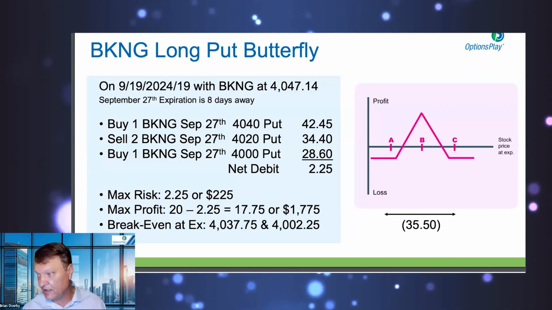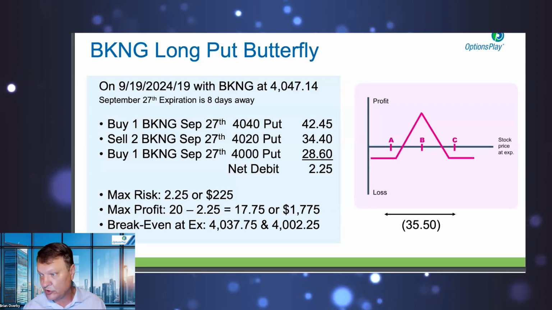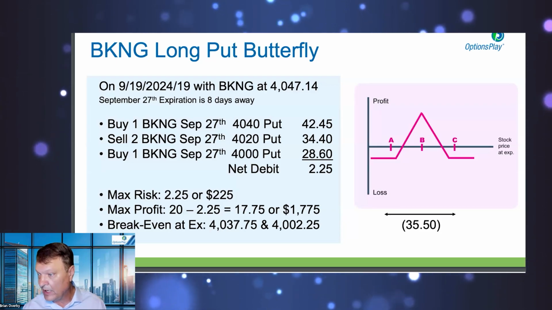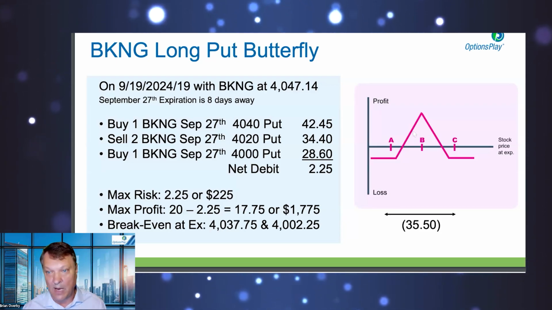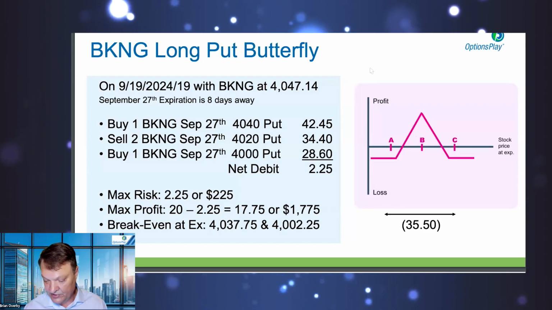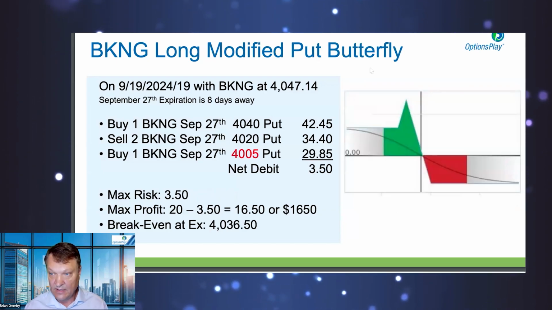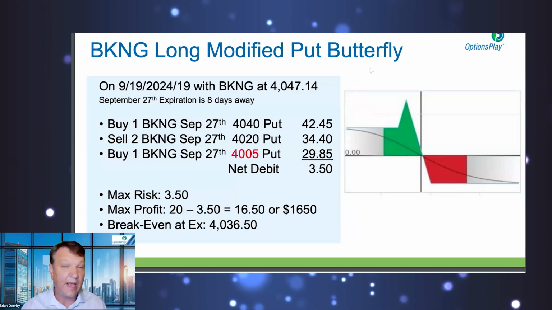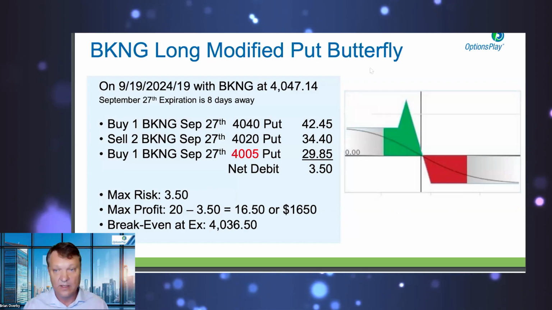Nobody guessed the next strategy that we're going to show, and it may be new. I call it a modified butterfly, and this truly is a modified butterfly. And I actually don't have this strategy in my book.